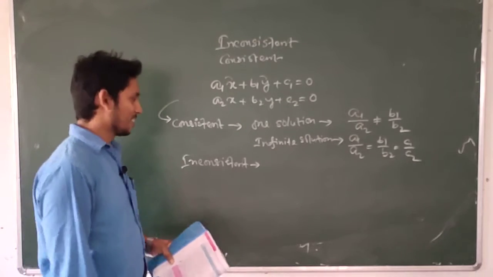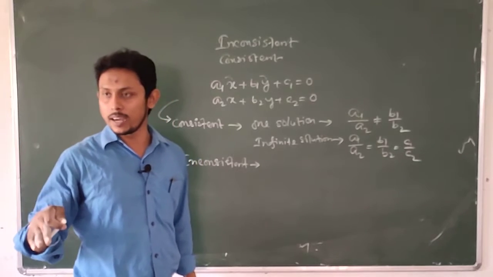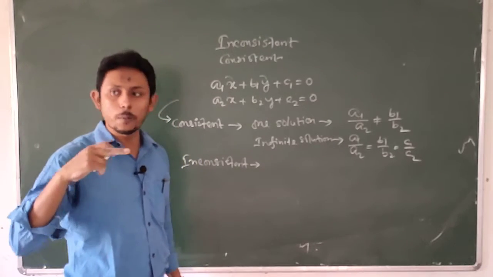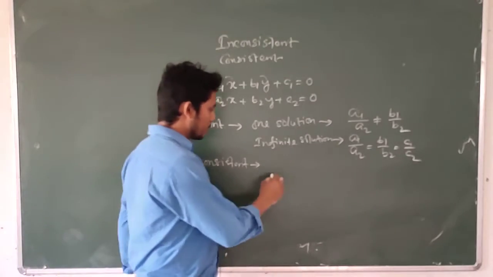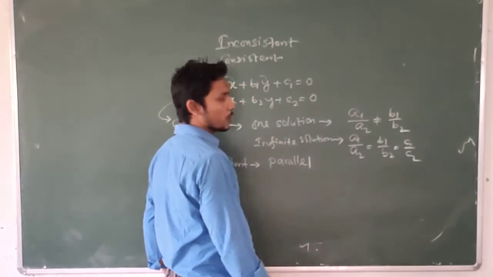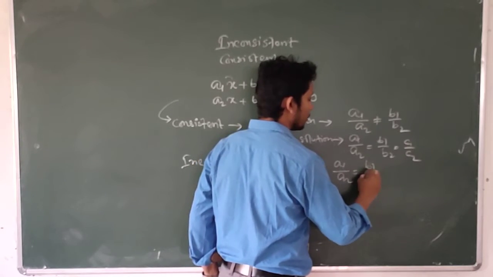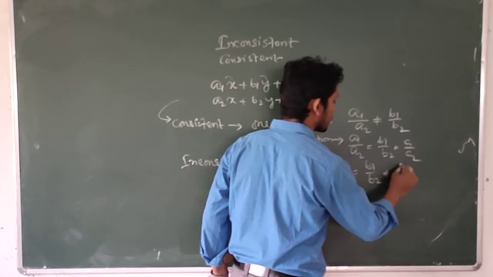Yes. Okay, now inconsistent, that means it will be coincide. Oh sorry, not coincide, it will be parallel. Yes or no? It will be parallel. So if it is parallel, that means a1 by a2 equals to b1 by b2 but not equals to c1 by c2.